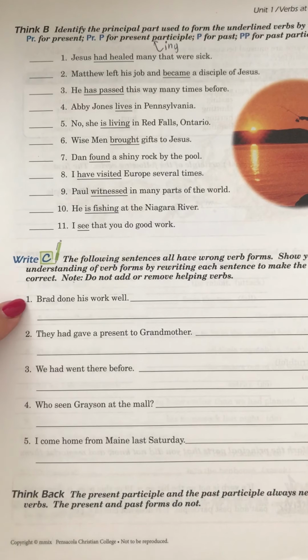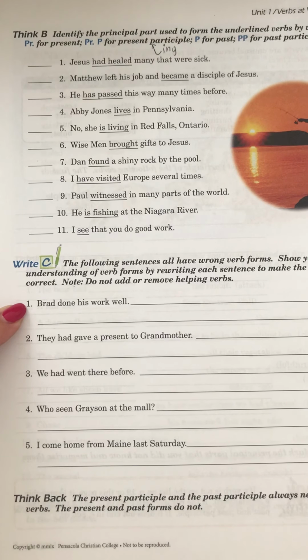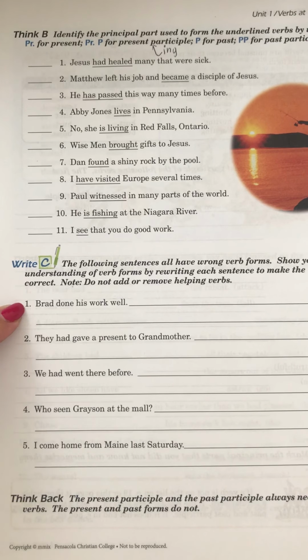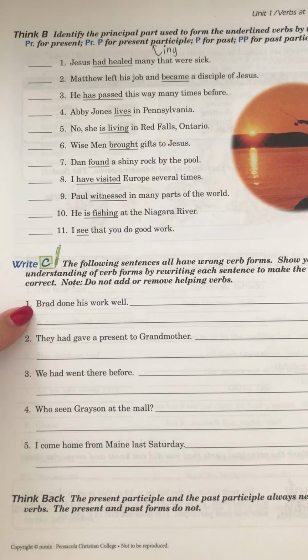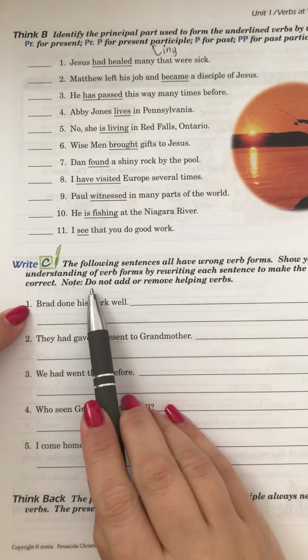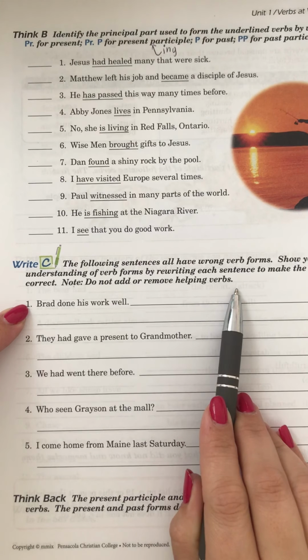For number 1, let's do this one together. It says, Brad done his work well. That's not how you should say it. So think for a moment. If you're talking about Brad doing his work well, but he did it in the past, what should you do? Remember, we're not adding or removing helping verbs.